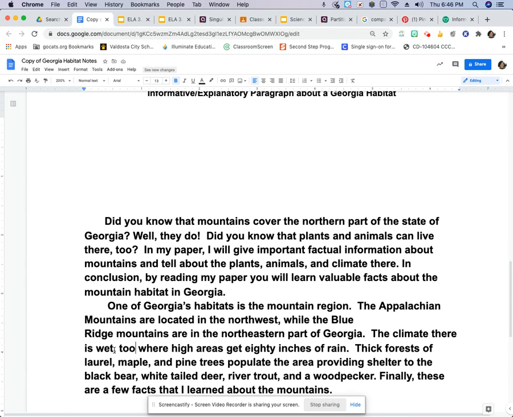I could say per year. Thick forests of laurel, maple, and pine trees populate the area, providing shelter to the black bear, white-tailed deer, river trout, and a woodpecker, to name a few. Finally, these are a few facts that I learned about the mountains in Georgia.